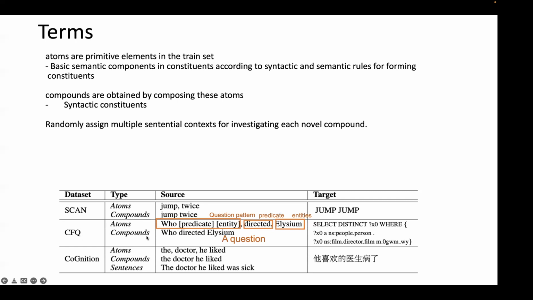This is basically a template and the compounds. So it is very hard for me to agree with that. The template would be atoms and the instance would be compounds, and it seems not logically correct. So I just raise a question here. Does anyone have questions or ideas here?